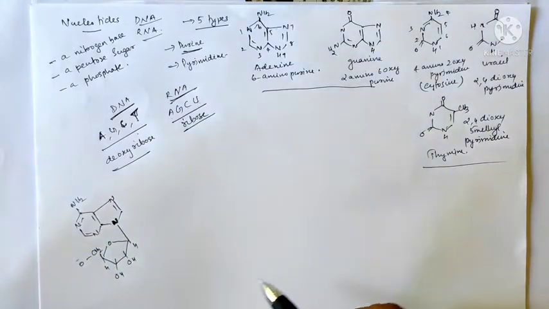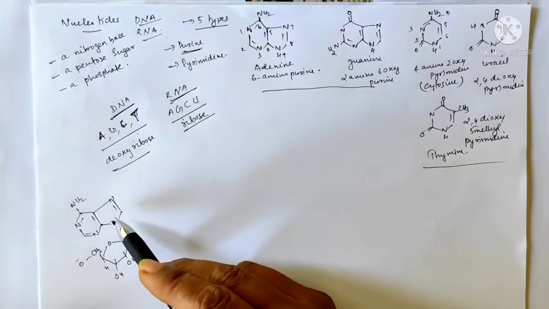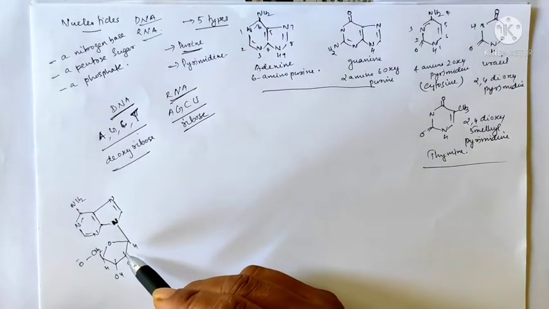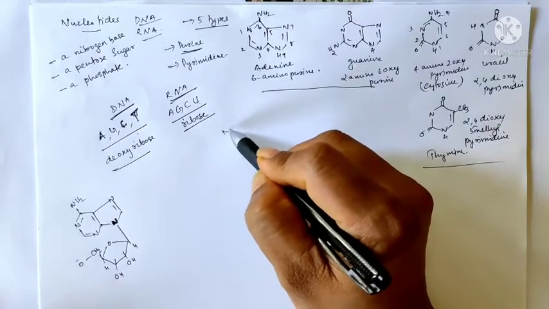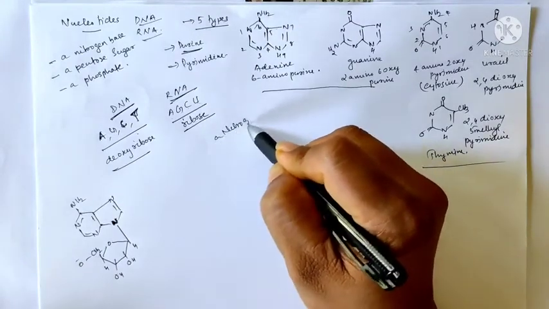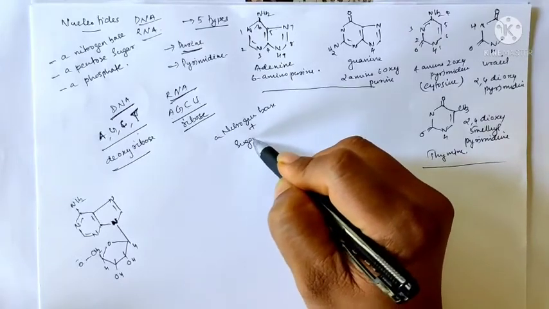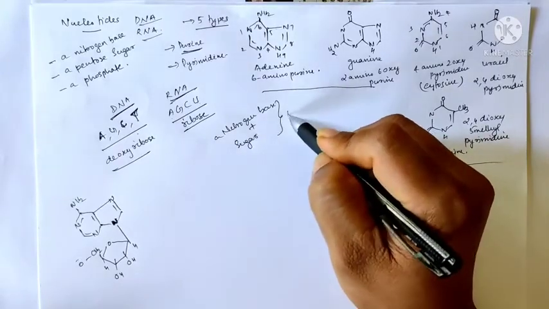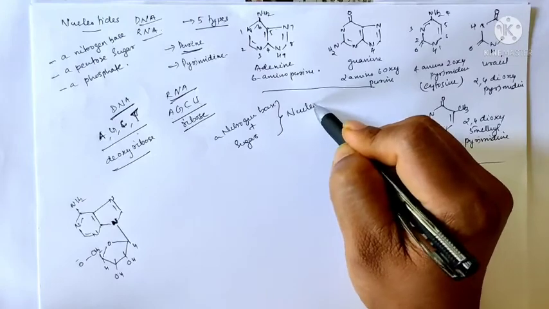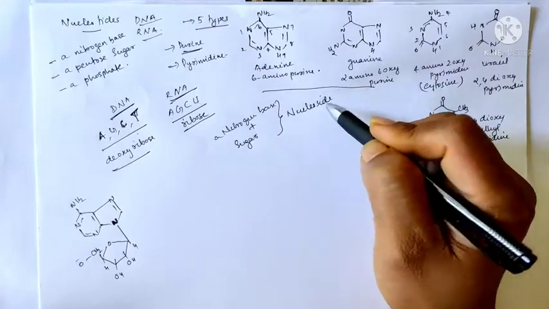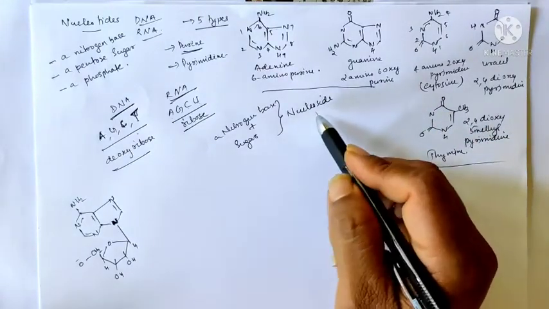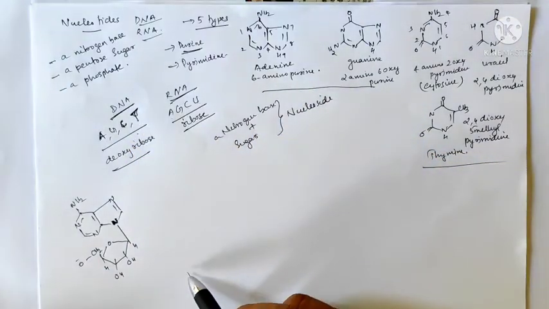So this is the structure of a nitrogen base with a pentose sugar. A nitrogen base plus a pentose sugar molecule is known as nucleoside. And if a phosphate group joins to the nucleoside, it becomes nucleotide.